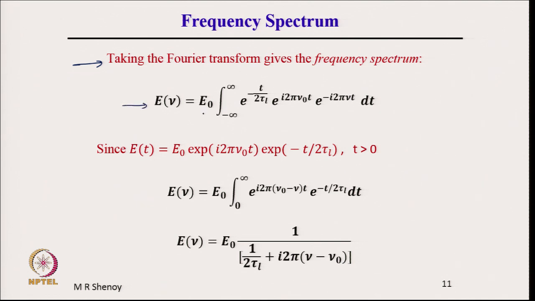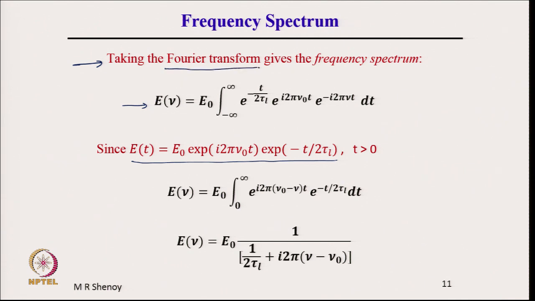E of t is this function here, and you can see the same function is here. E0 is a constant amplitude which is taken out, e to the power minus t by twice tau L, into the oscillatory function e to the power i 2 pi nu 0 t, into e to the power minus i 2 pi nu t dt, from minus infinity to infinity, gives you the Fourier transform.